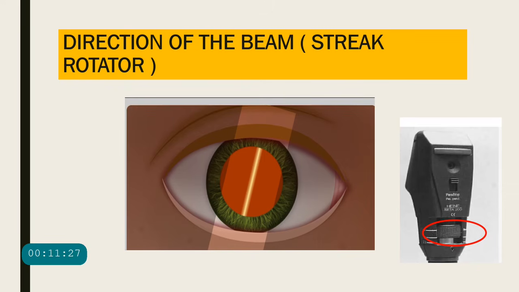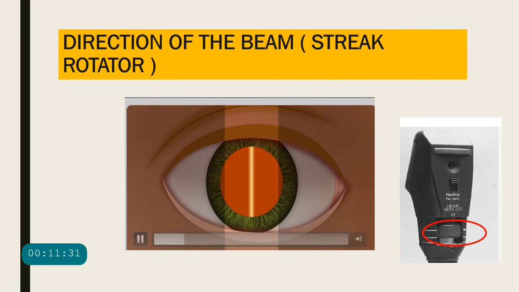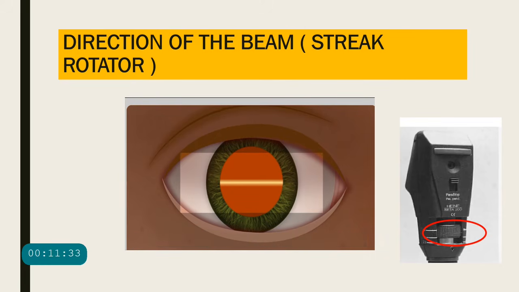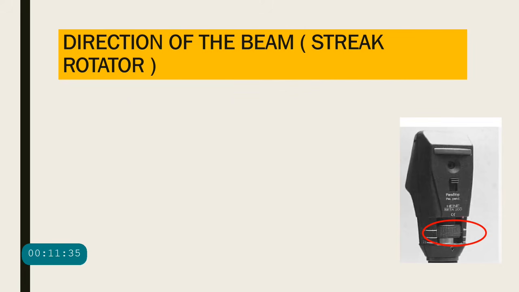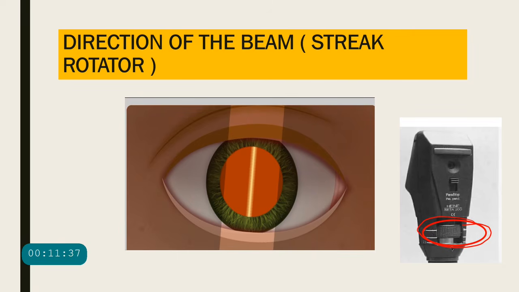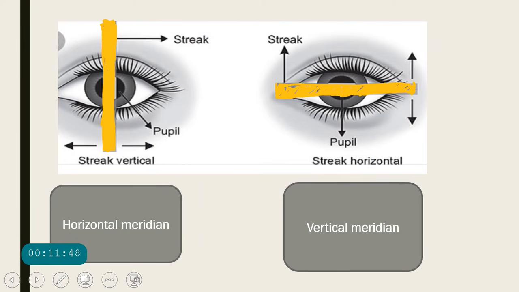Now, by changing the direction of the sleeve, as I told you, you can change the orientation of the beam. So this is very important: over here I have labeled the streak rotator. By rotating the streak, you can sweep various meridians. Now, a very important confusing point which most of the students have is that when you are putting a vertical beam like this, you are actually testing the horizontal meridian.